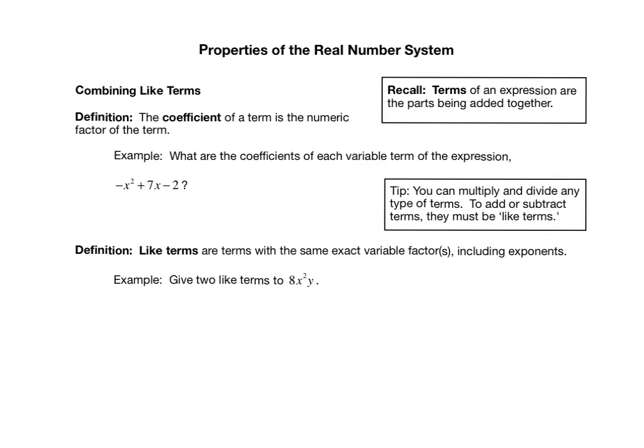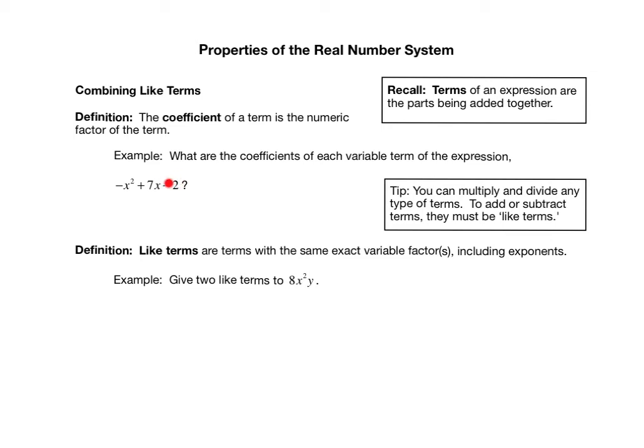We ultimately want to be able to use the commutative, associative, and distributive properties to clean up expressions in general. To do that, we need to first define a few things. First is the idea of a coefficient. The coefficient of a term, and again, a term is the parts being added together, is the numeric factor of the term. So what are the coefficients of each of the variable expressions in this right here?